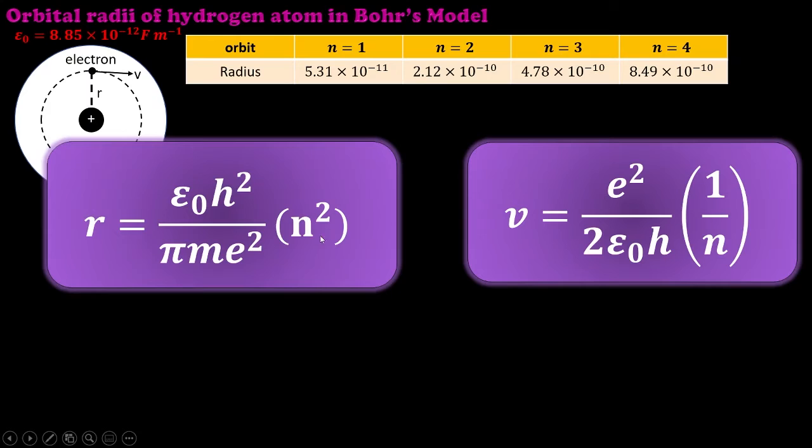If you notice, the radius is increasing, it will increase and increase. Same with the velocity. You can try to make a table for the velocity at different quantum numbers or different orbits.